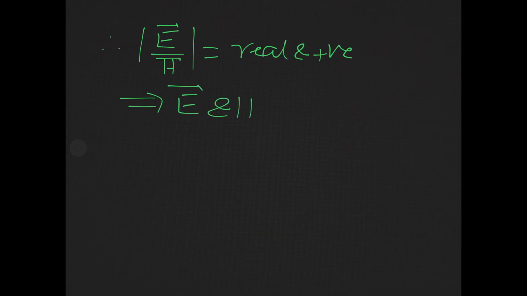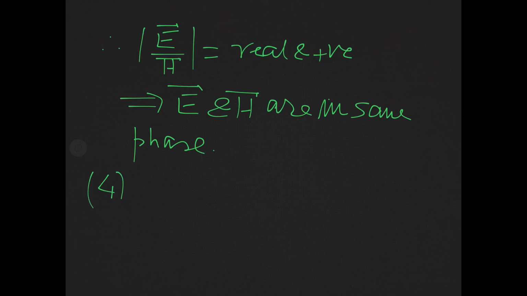This implies that E and H are in same phase. These two vectors are in same phase. As I have told you, when E and H are in same phase, it means that during the oscillation when E is maximum, at that moment H is also maximum. So this was a very important fact, that in the wave traveling in isotropic dielectric, the electric field vector and the magnetic field vector oscillate in same phase.